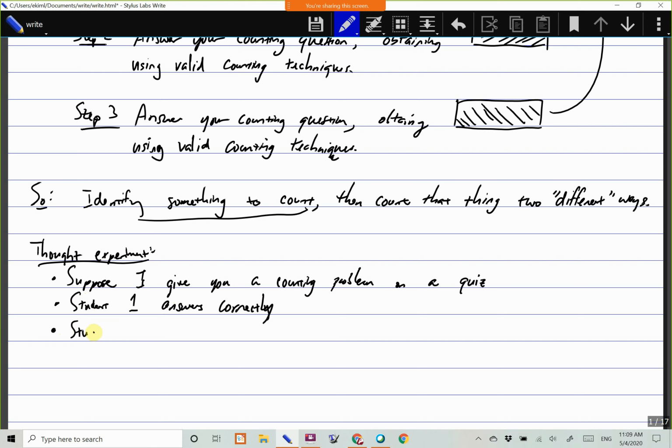And student two answers correctly, uses the product rule or the sum rule or whatever applies, and I'm looking at the reasoning, and it's like, yep, that's correct reasoning. That works. That answers the question. However, the final answer for both students looks different.